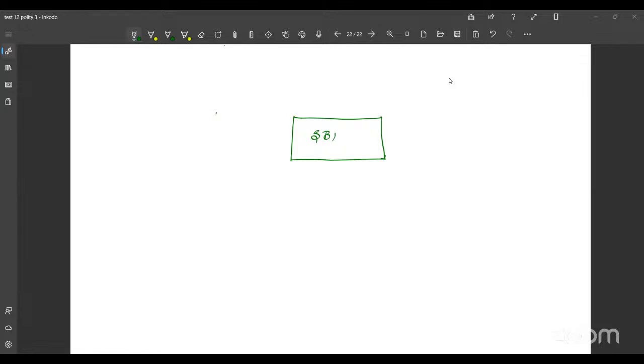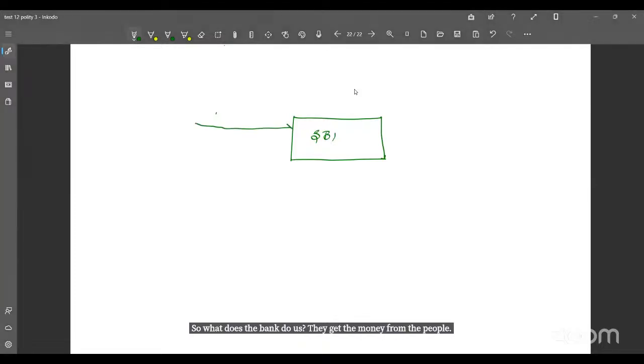So what does the bank do is, they get the money from the people. They get the deposit from the people. And this is how they get the money. So from where do they get the money?